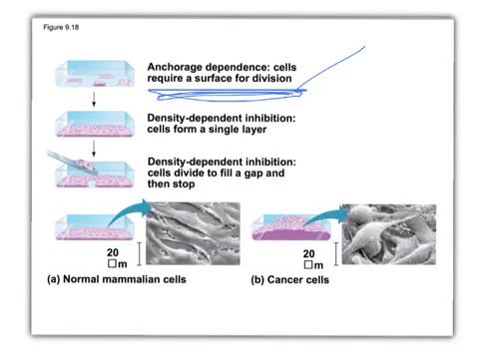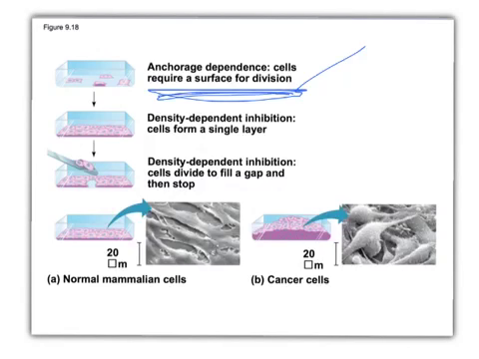They contact something, whether it be other cells, a plastic surface, something. Most cells of the human body don't just grow floating around. Okay, they're usually attached to something. And when they are, that's what's called anchorage dependent.